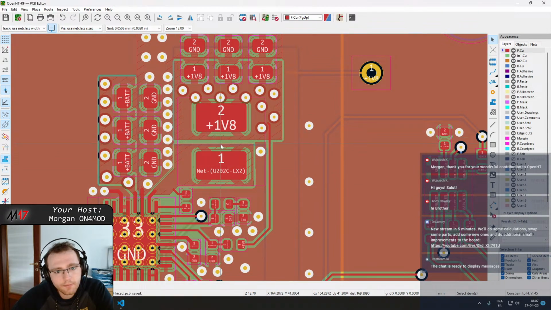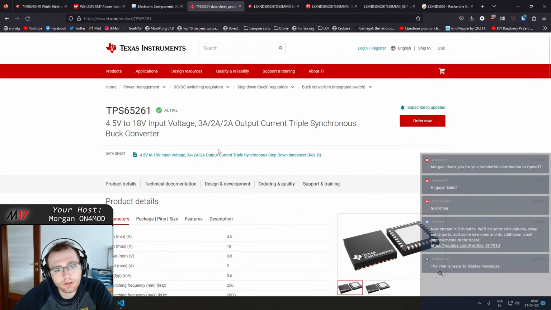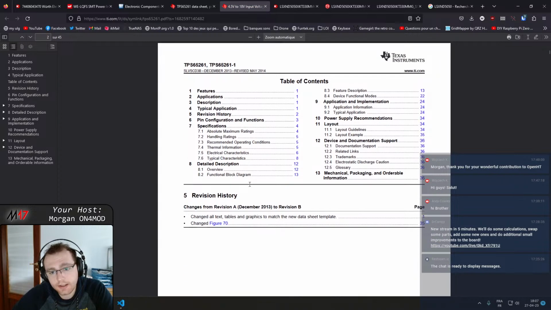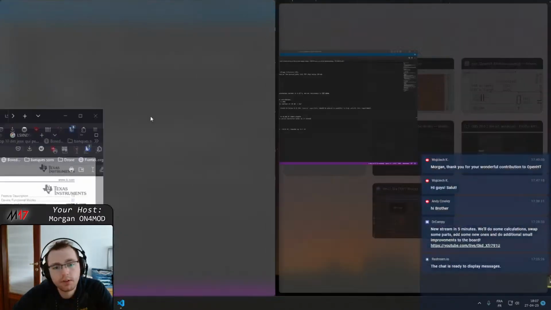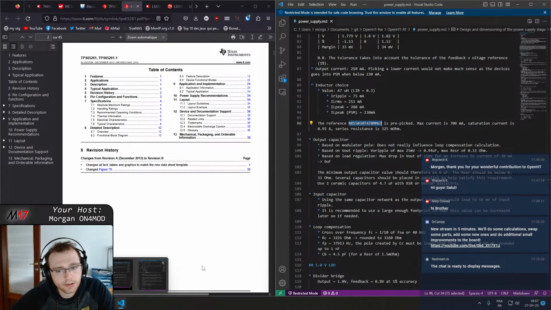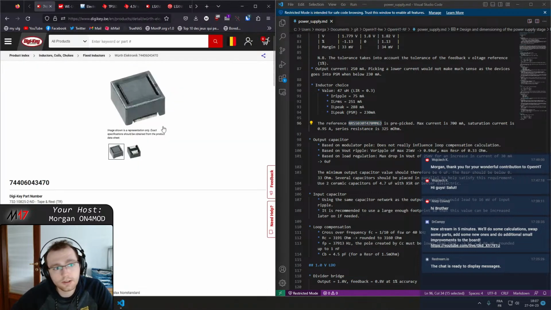Okay, now what is left to do is open the datasheet from the DC converter and decide the new components for the loop compensation filter, as they call it. Also update the values of the components in this. So we have that one.